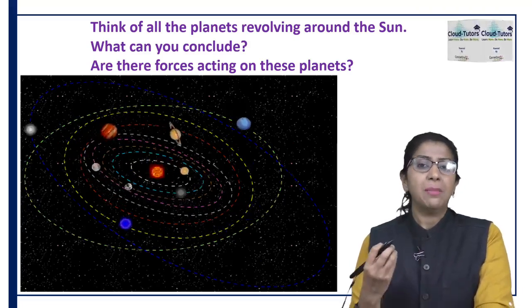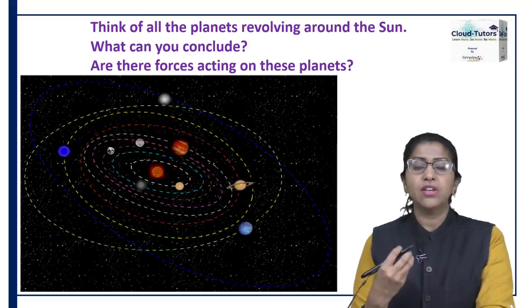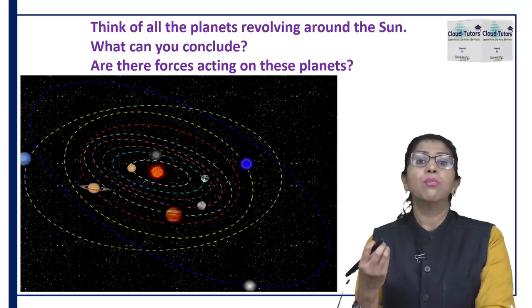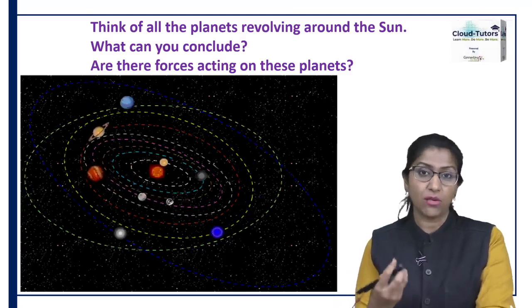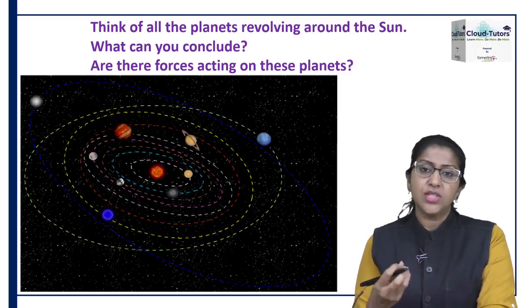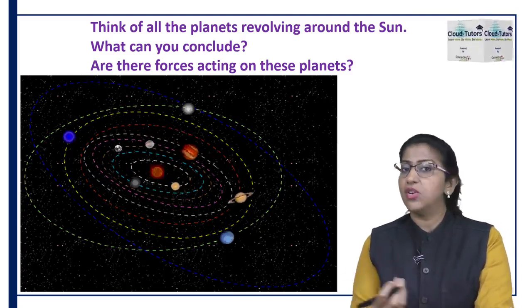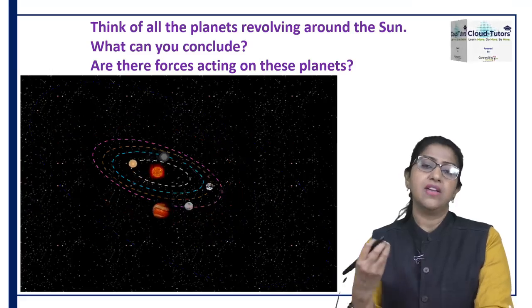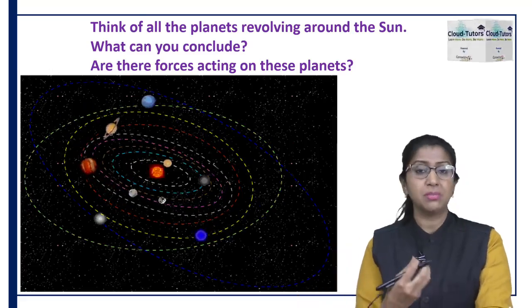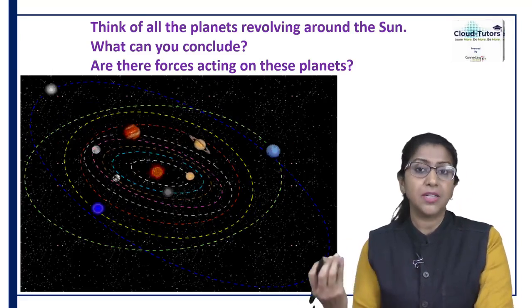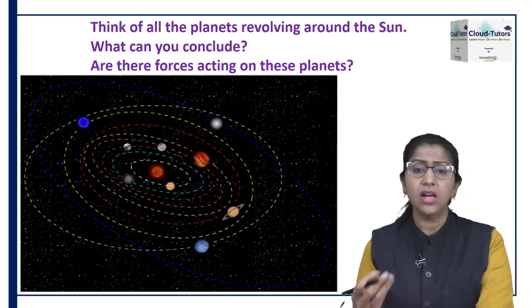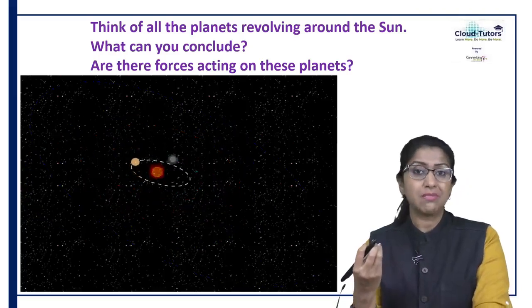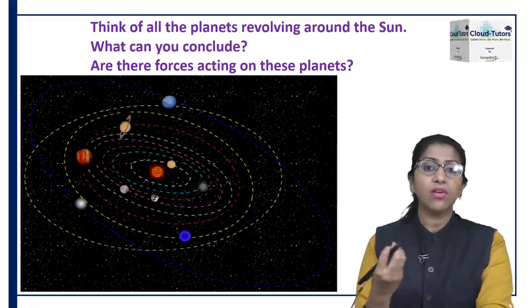So looking at the planetary system, our solar system, we all wondered at some point of time what is moving each of these planets around the sun, correct? These planets are not moving in a straight line, and even if they are moving in a uniform motion, they are still moving in an elliptical orbit which is curvilinear in nature, so there is a change in the direction of each of these planets at every point around their orbit.